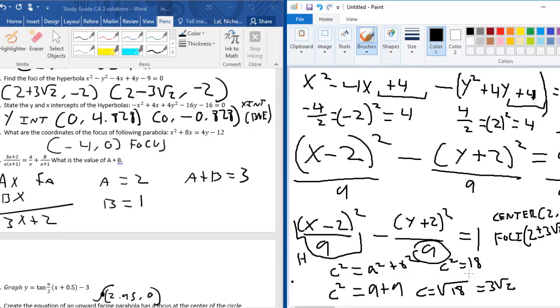Wouldn't C be the square... wouldn't it equal 3 root 2? No, stop. Never mind. Come on, you already started the question. Just say it. I'm gonna laugh.